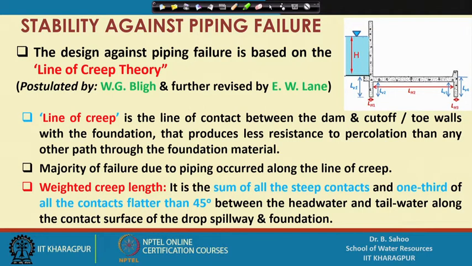So, it is the sum of all the steep contacts and 1/3 of all the contacts flatter than 45 degrees between the head water and tail water along the contact surface of the drop spillway and foundation. And capital H is the static water head at the upstream side, which is mostly causing the seepage below the foundation. That is why H is the driving head or driving energy head.